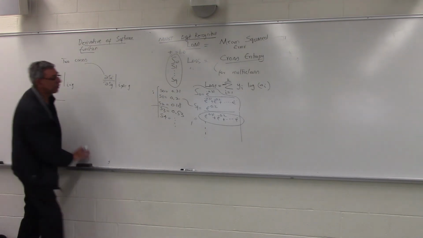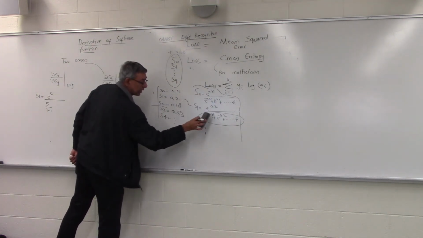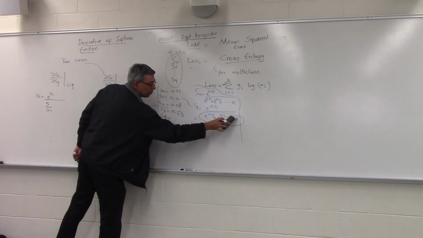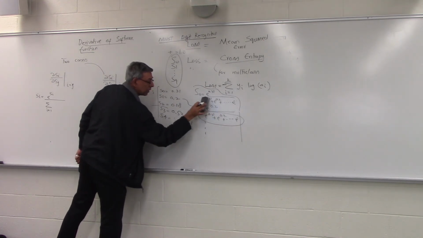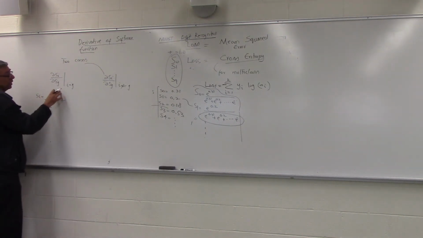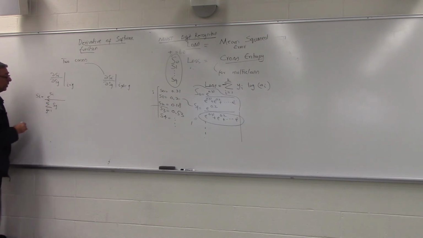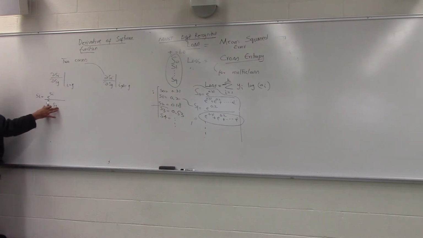My mistake over here, not a negative, but it's a positive value because we want to enhance it. So these are all positive values over here. Okay, so this is the summation at the bottom.